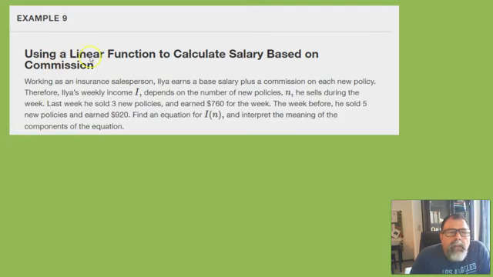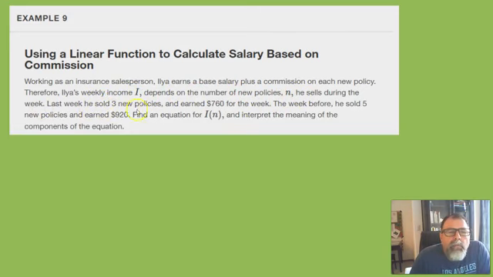Example 9, using a linear function to calculate salary based on commission. Working as an insurance salesperson, Ilya earns a base salary plus a commission on each new policy. Therefore, Ilya's weekly income I depends on the number of new policies he sells during the week.